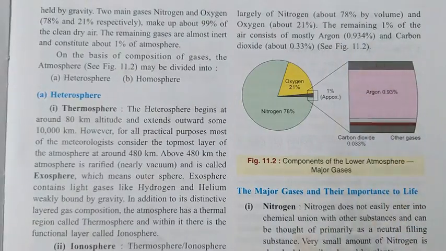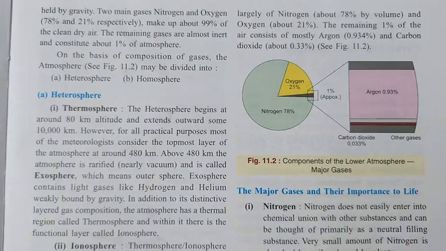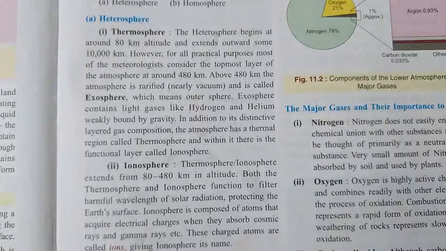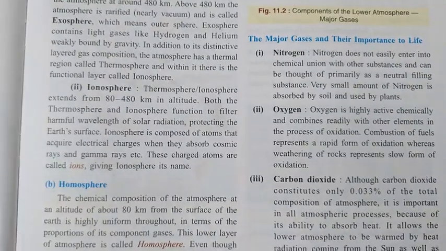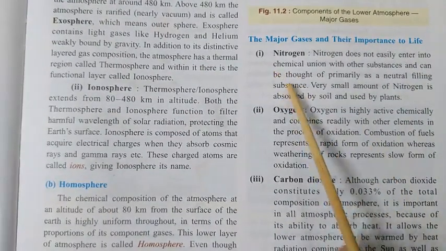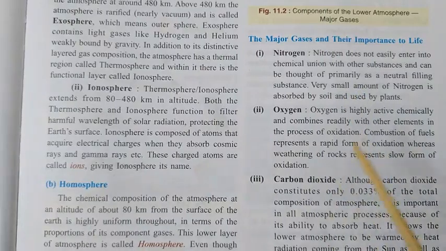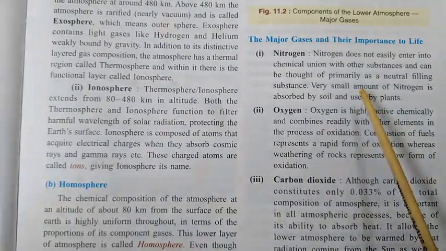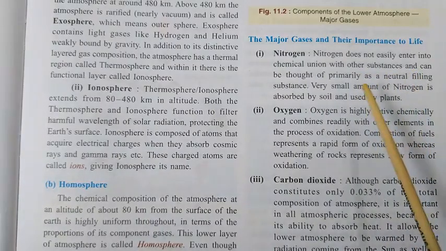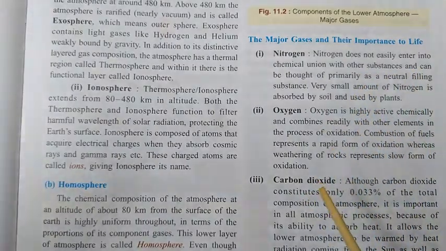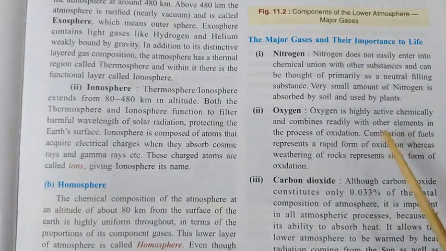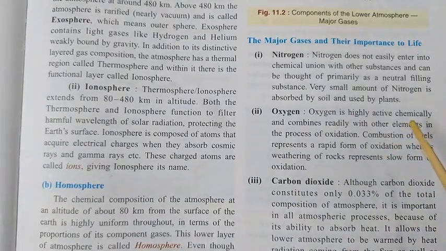Besides these, all other gases are very small in percentage. Let's look at these four important gases. The first is nitrogen, the major gas, constituting 78%. It does not easily enter into chemical union, meaning it can't easily react with other gases, so it remains neutral.